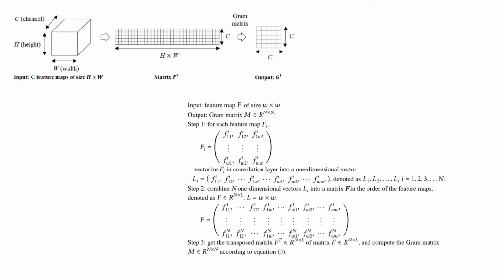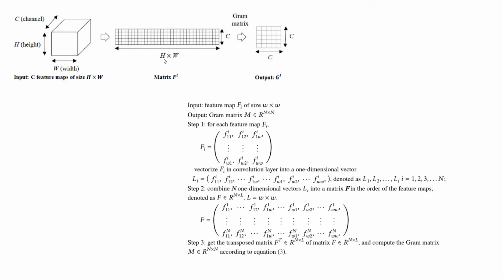Now the exact process of calculating the Gram matrix, or the algorithm for calculating it. Take a look at the top part of the image. Here I have the input space of my input image, a tensor of size h by w by c, where c is the depth or number of channels, and then I flatten it.